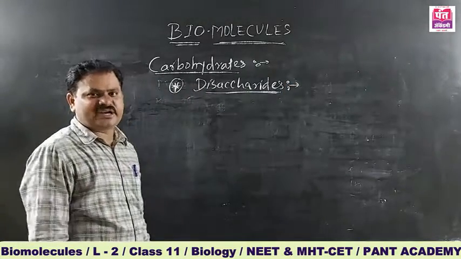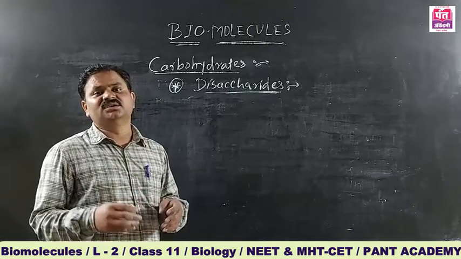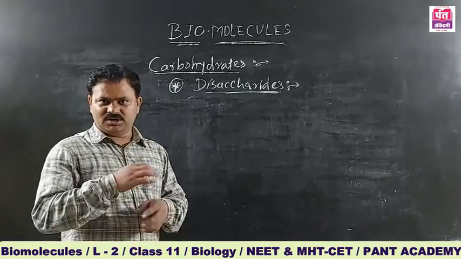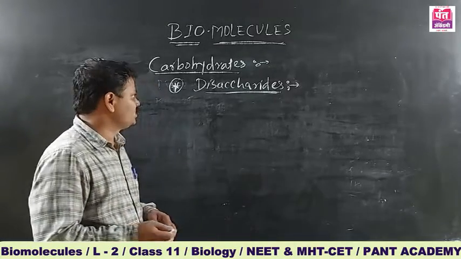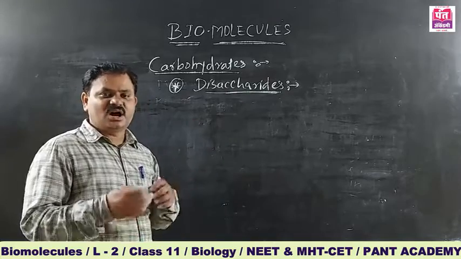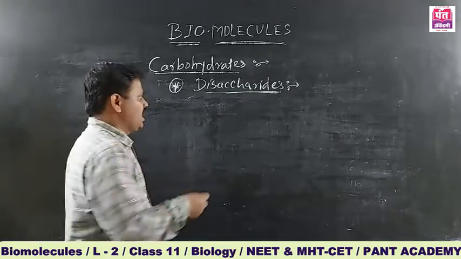As monosaccharides are the simplest sugars and act as a unit for the other carbohydrates, disaccharides are the sugars which are formed from the monosaccharides.